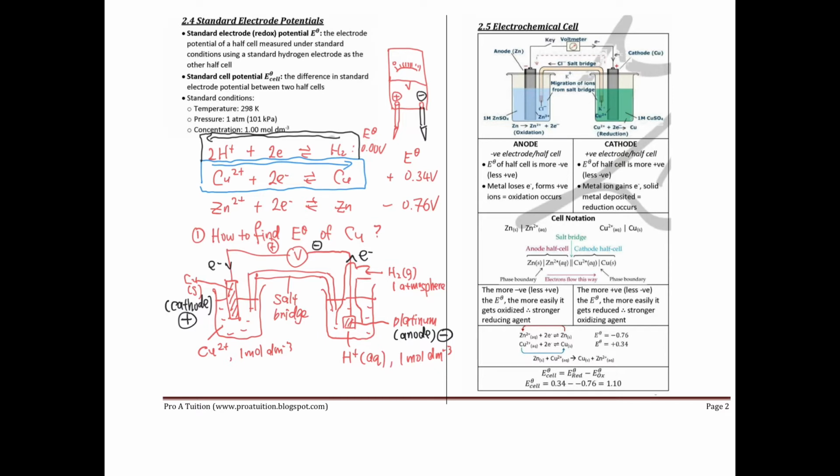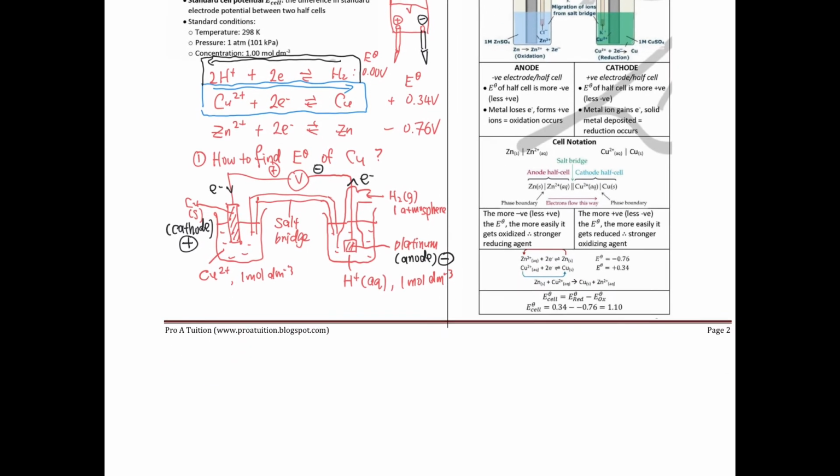Let's say I just draw this out as an illustration, a quick one. If you are using zinc, so here is zinc, and here is zinc 2 plus, 1 mole per dm cube. Then you connect the voltmeter.